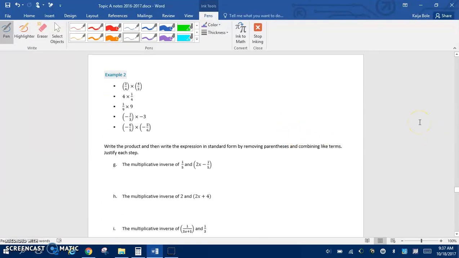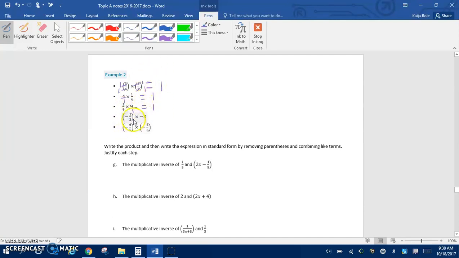So if you look at example 2 here, these are just some examples. We have 3/4 times 4/3, 4 times a fourth. Alright, so if we look at these, 3/4 times 4/3, if we cross divide here, we get 1, we get 1 here, so we just get 1. 4 times a fourth, if we cross divide, would also just give us 1. 1/9 times 9/1, if we cross divide, would give us 1.